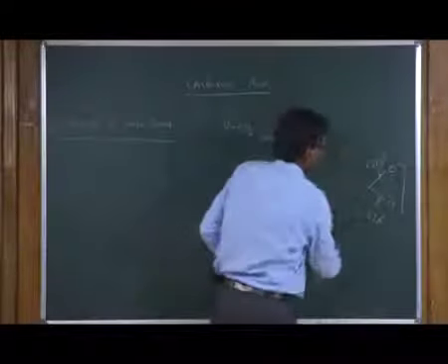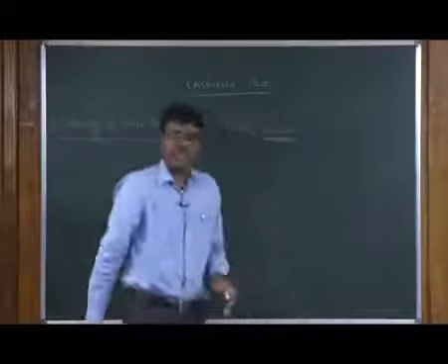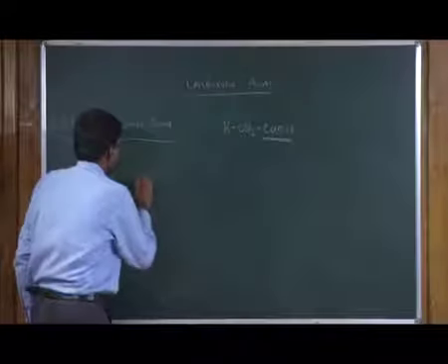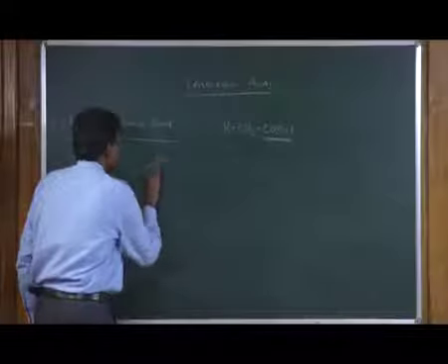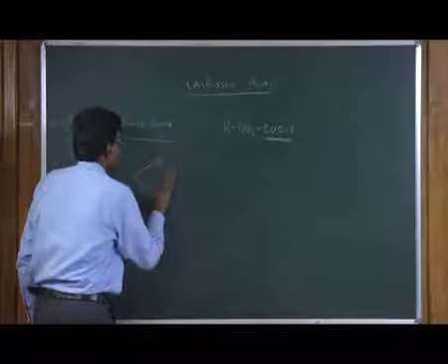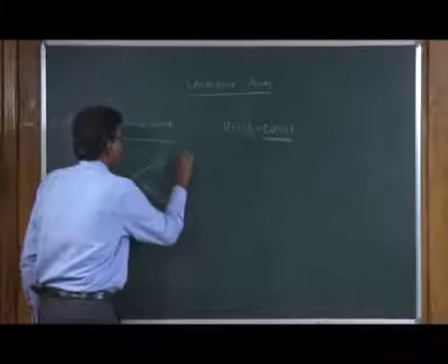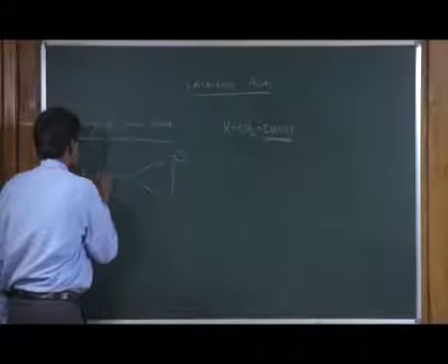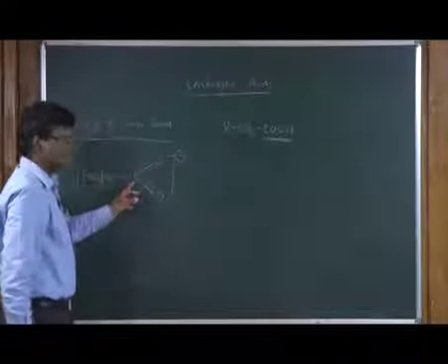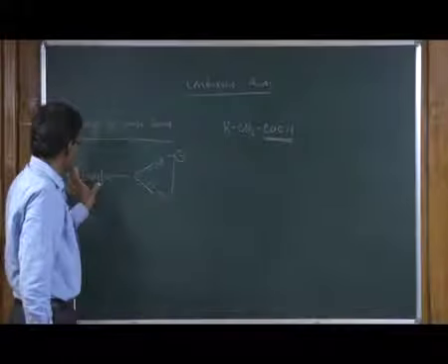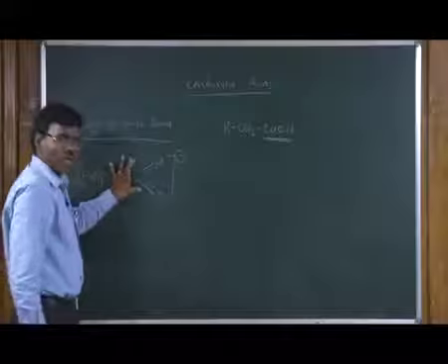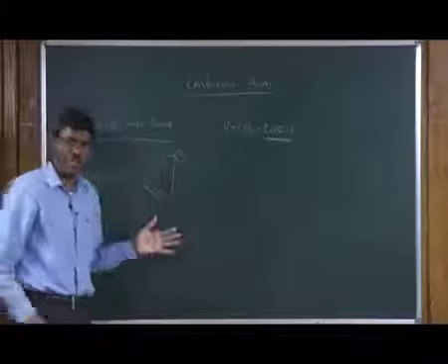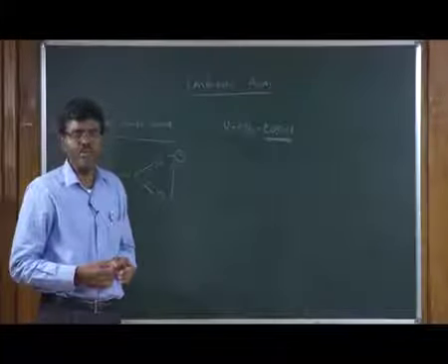Now, let us look at the effect of substituents on the carbon atom. For example, if you have an electron withdrawing group on the carbon atom, the acidity of the carboxylic acid increases, because it takes electrons from the carbon atom, it makes it more acidic, and it can easily give the proton.